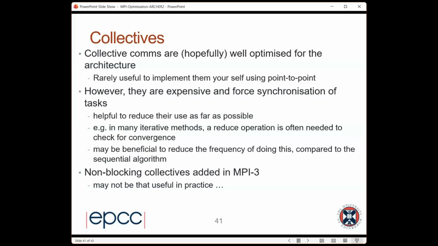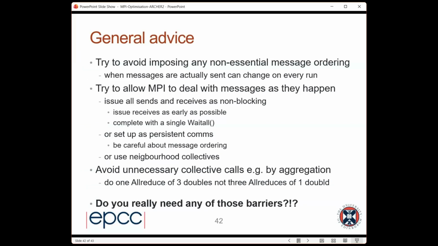Most algorithms need the result of the reduce. If you look at something like conjugate gradient, you do a local dot product, you need the global sum of that dot product, and you need the answer on the next line of the algorithm. So although non-blocking collectives sound like a really great idea, they're typically not that useful, in my opinion. So the general advice is: try to avoid imposing any non-essential message ordering, because when the messages are actually sent is not predictable.